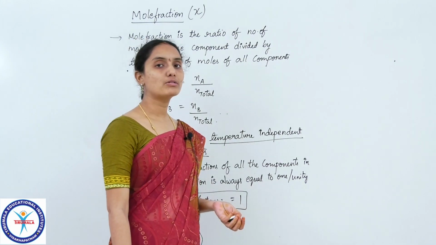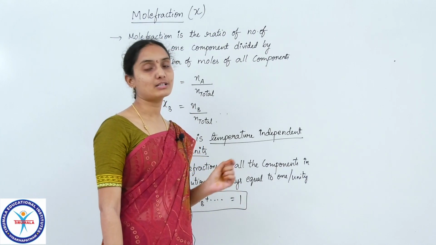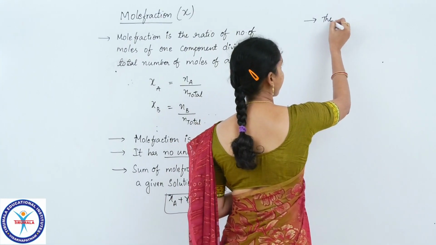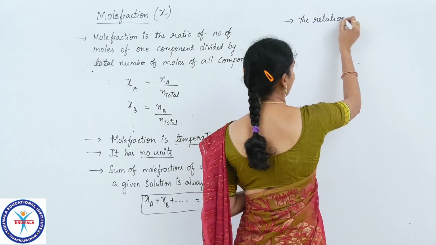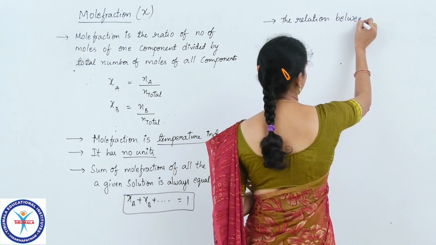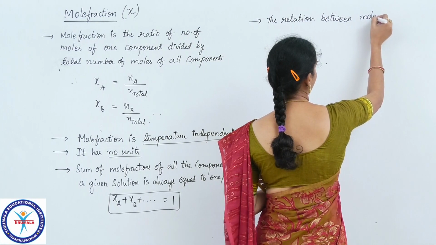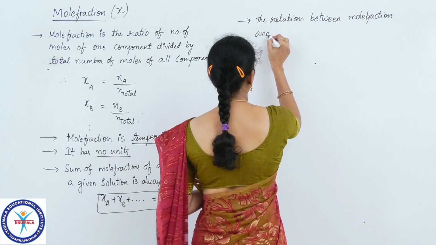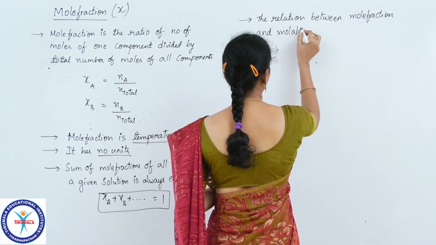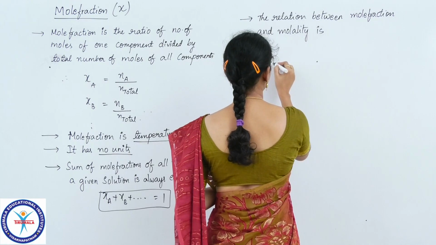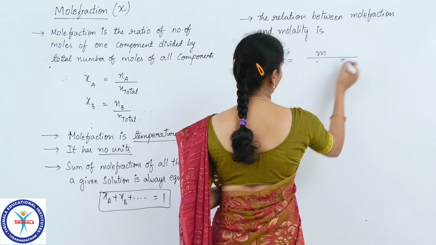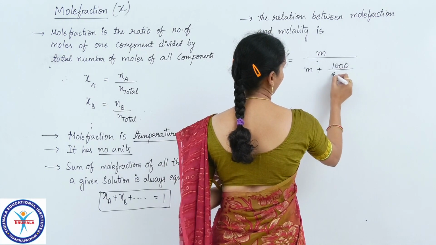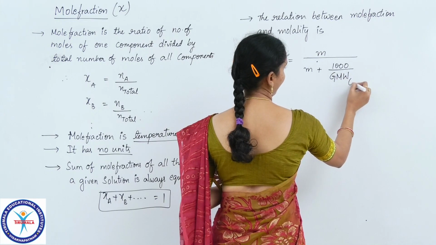And now we are going to discuss the point where the mole fraction is related to molality. So the relation between mole fraction and molality is X is equal to molality by molality plus 1000 by gram molecular weight of solvent.